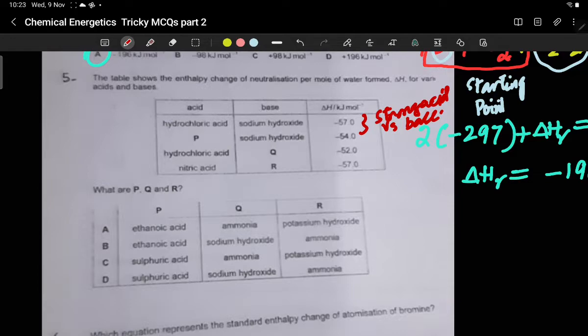So P should be a weak acid, because it is less than 57. Hydrochloric acid and Q is minus 52, so Q should be a weak alkali. Nitric acid and R is 57, so R could be a strong alkali, a strong base.